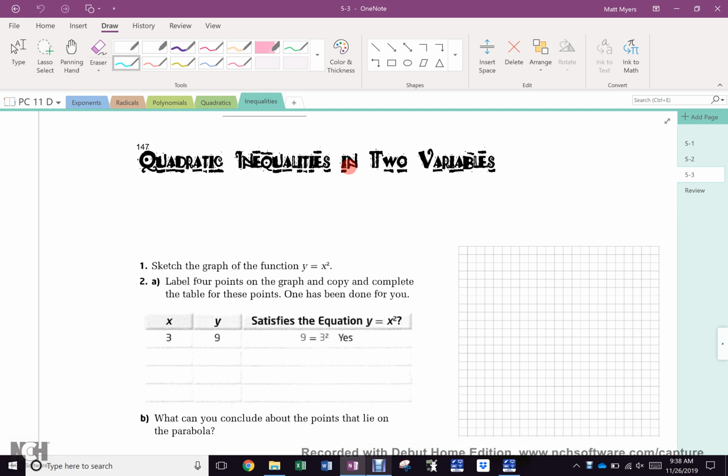Wednesday. Yep. All right. Quick review. If we have a linear equality with one variable, what's it look like? A linear equality with one variable.